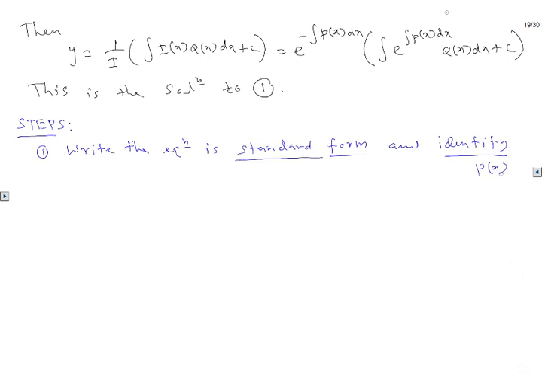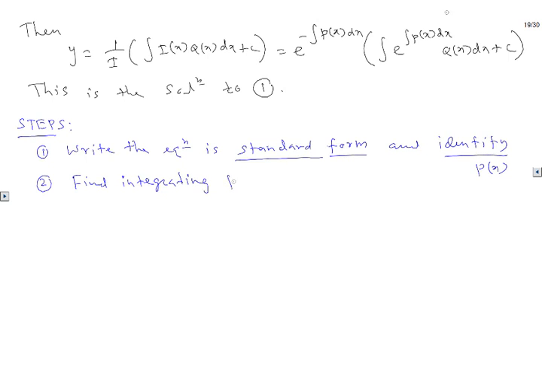We need to figure out what P(x) is. P(x) is everything, counting the signs and everything, because whatever you have in front of y is P(x). Number 2, find the integrating factor.